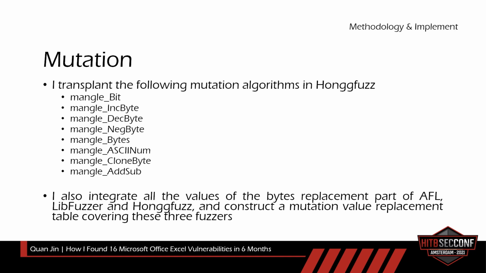For the remaining mutation methods in Hunger fuzz, after careful evaluation, I choose not to transplant. I also integrate all the values of the byte replacement part of AFL, LibFuzzer, and Hunger fuzz, and construct a mutation value replacement table covering these three fuzzers.